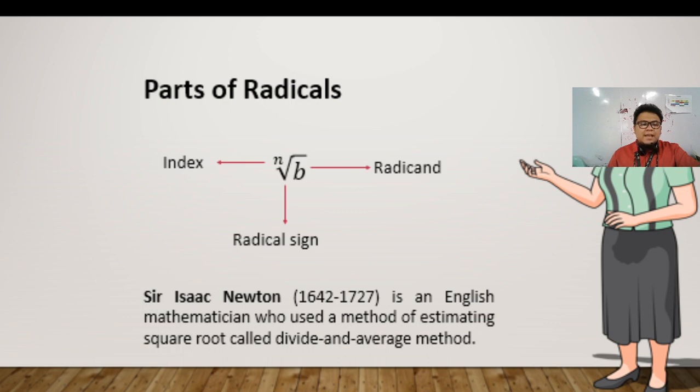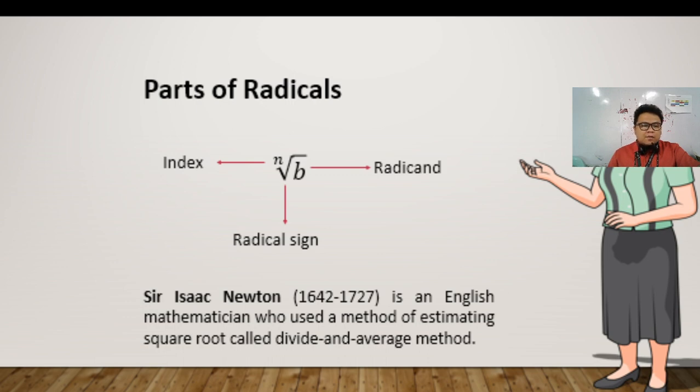But if the index is 3 and above, you must write the value. Because if you don't see a value here, that means it is a square root.